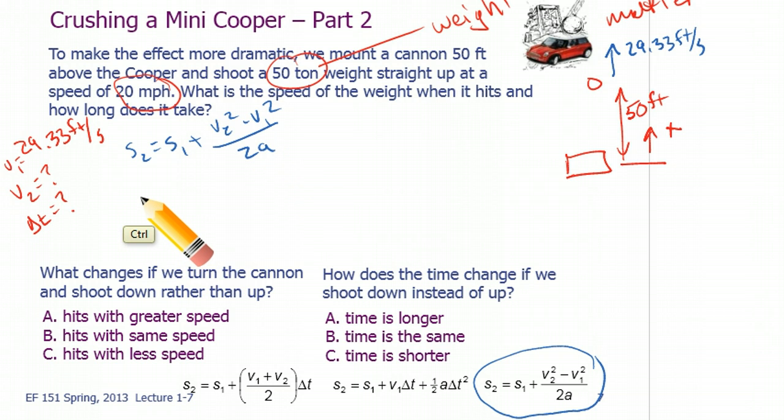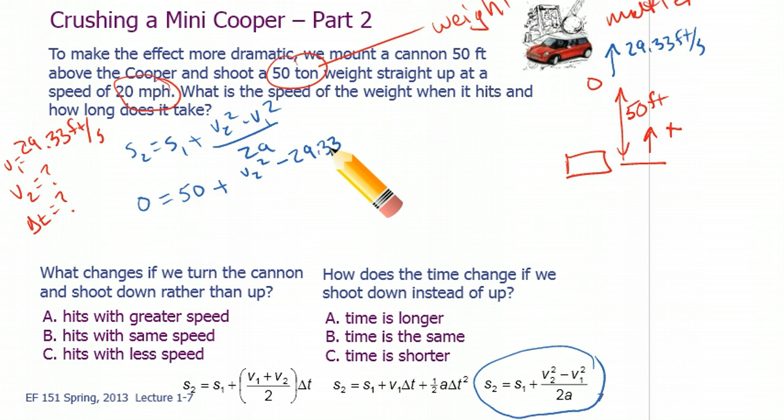S2 is 0, S1 is 50, plus V2 squared, that's what we're trying to find, minus 29.33 squared over 2 times A. And it's important to get the negative sign on the acceleration, otherwise it won't work out right.